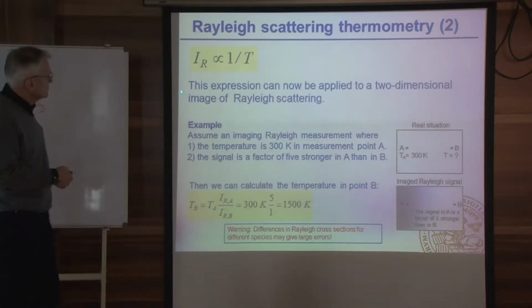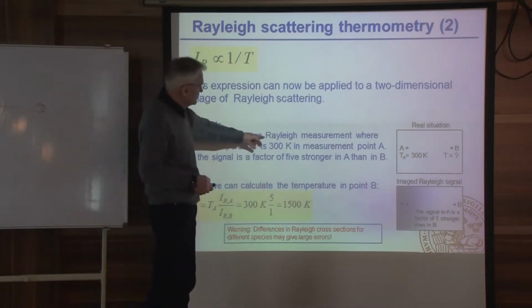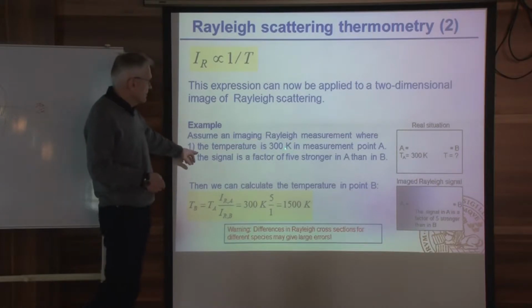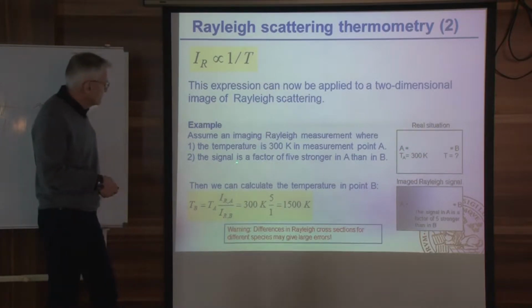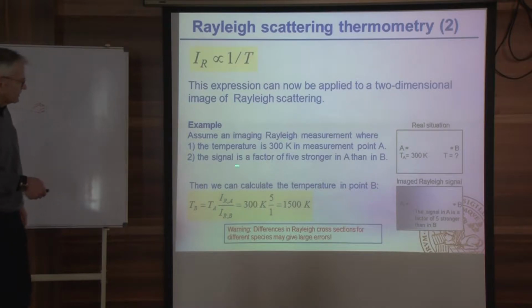So just to see, and you can extend this to get a two-dimensional, and here is an example. If you assume that you have a measurement in one case, the temperature is 300 K in this point, and in point B, the signal is a factor of 5 stronger in A than in B. Then we can very easily calculate the temperature by this.